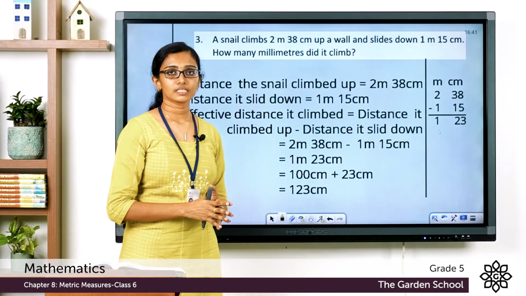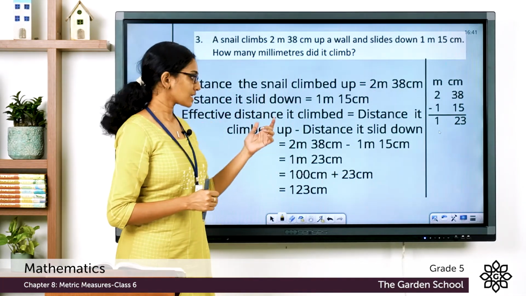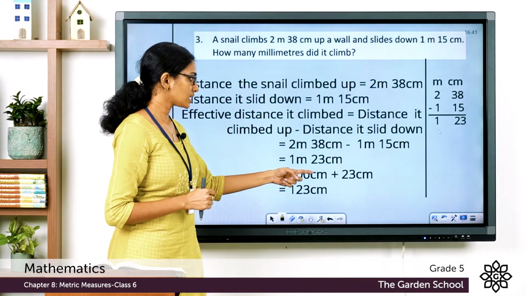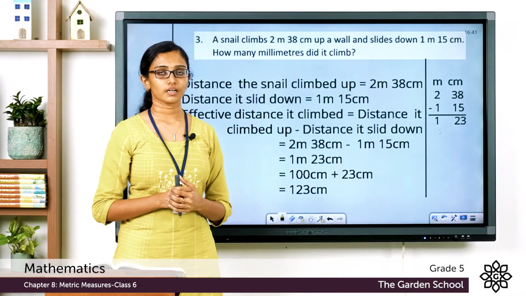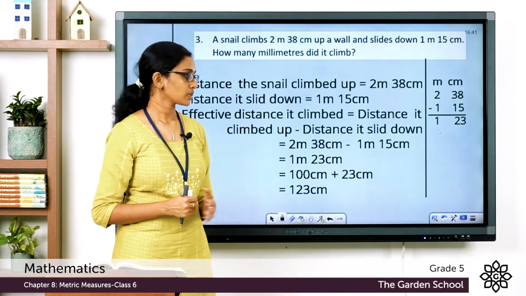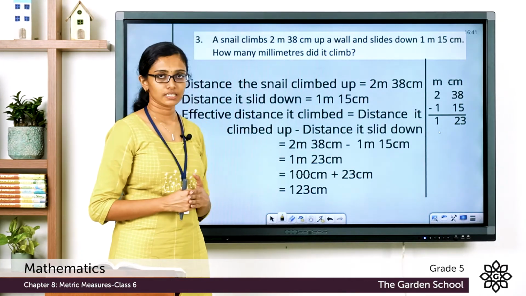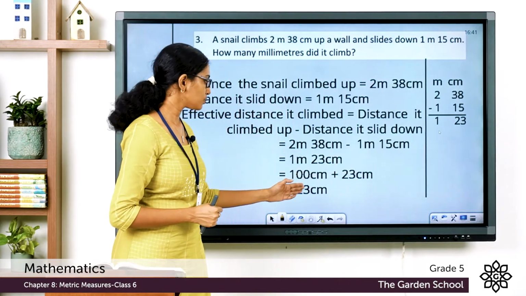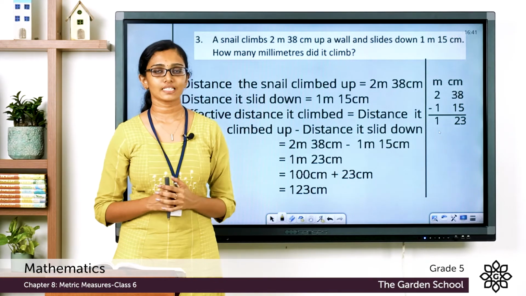We have to convert this into millimeters. So you can write 1 meter 23 centimeter as 100 centimeter plus 23 centimeter. This we are doing for the ease of converting into millimeters. So 1 meter is equal to 100 centimeter and then we have 23 centimeter. So when you add these two, we get 123 centimeter.